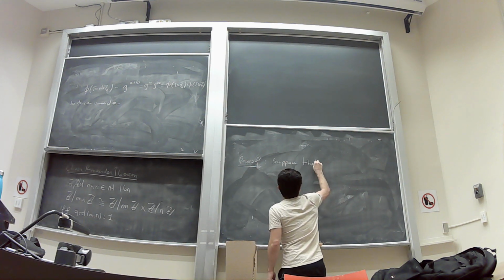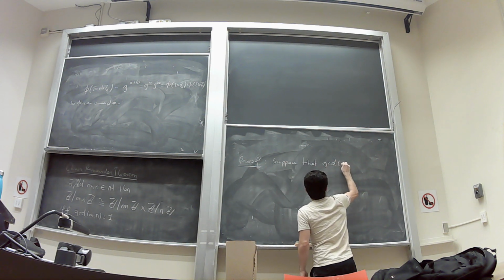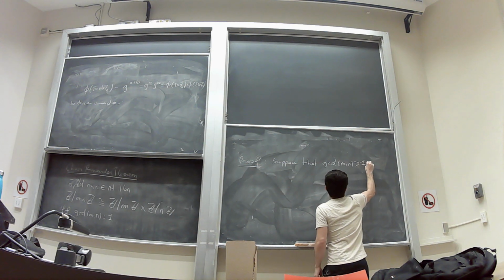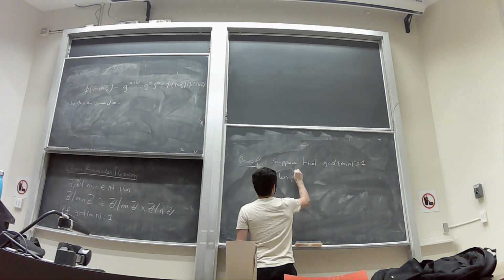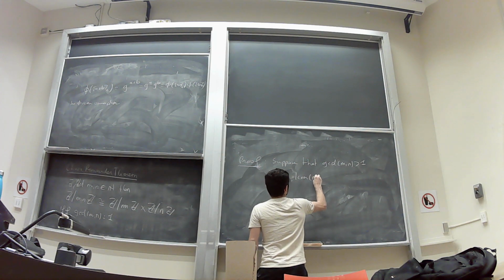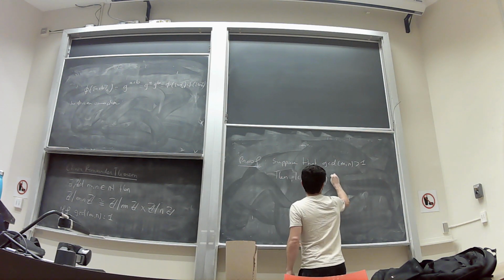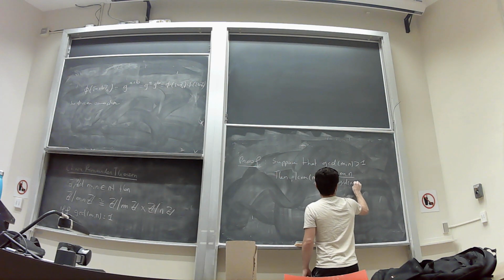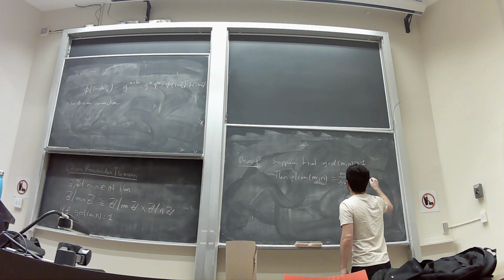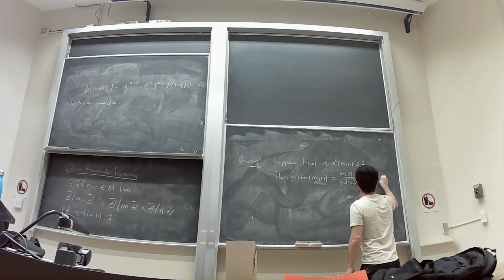suppose that the GCD of m and n is strictly bigger than 1. Then the LCM of m and n, which is equal to mn divided by the GCD of m and n, is strictly less than m times n.